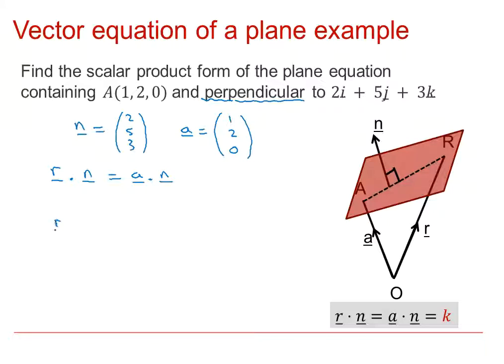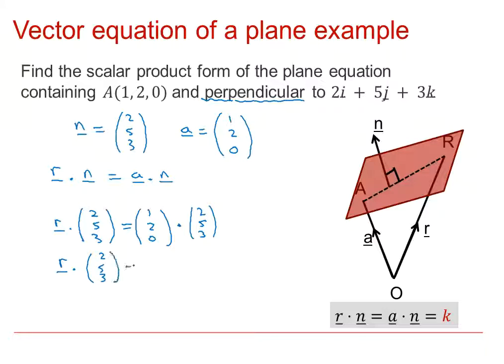So r is my general point, dotted with the normal, which is 2, 5, 3, is a known point on the plane, which is 1, 2, 0, dotted with the same normal, 2, 5, 3. So r dotted with 2, 5, 3.